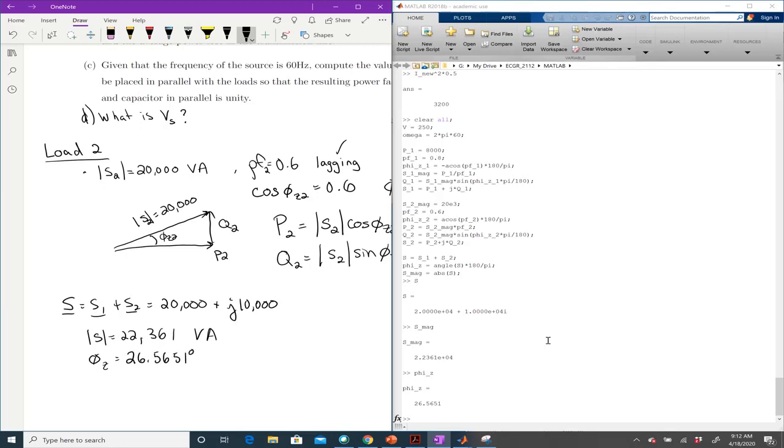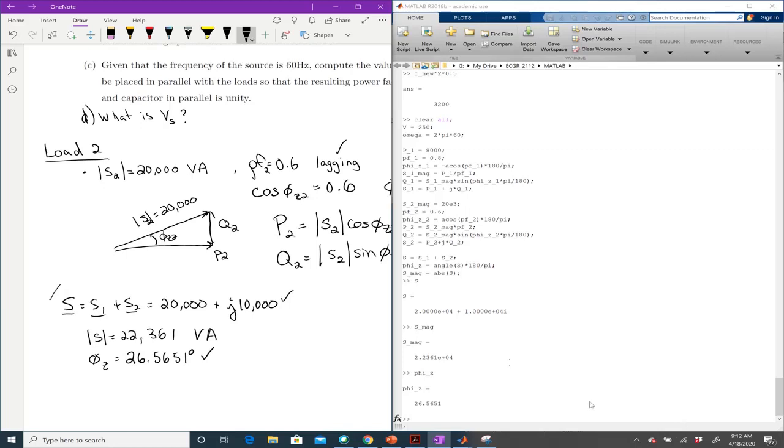So the combined loads have a positive Q, so a positive angle, which means the combined set of loads looks inductive. I don't know what the R and L values are for these combined loads, but it looks primarily inductive because it has a positive angle.